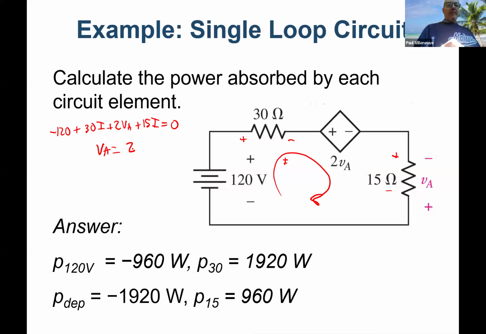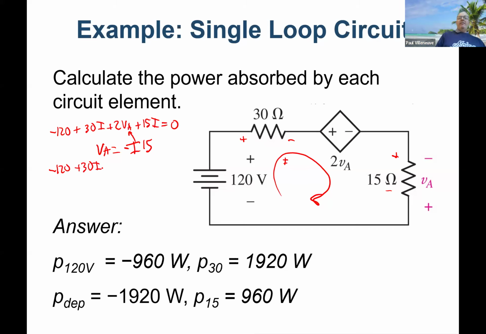Sorry, I times 15, but it's negative I times 15, right? Not positive. Because if I look at the controlling variable for my dependent source, its voltage polarity is opposite. So once I have that, then I can make my substitution in here, 120 plus 30I.